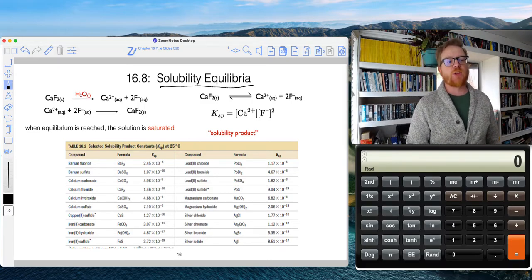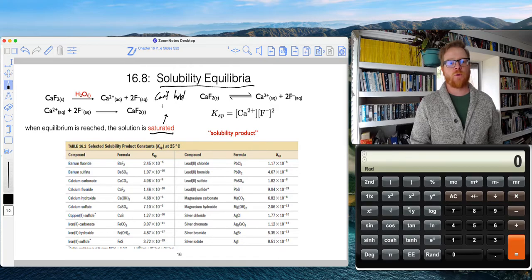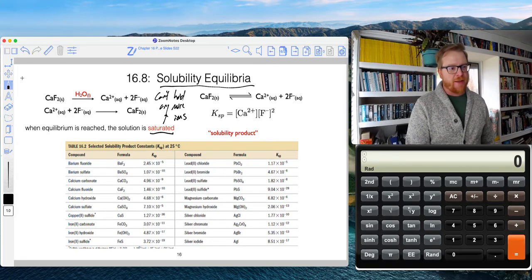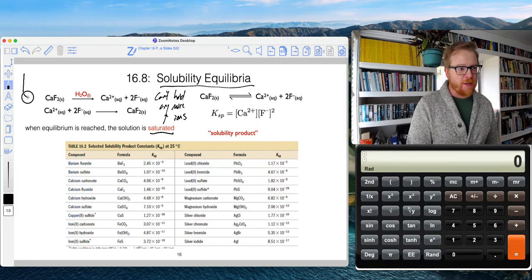Okay. And so when equilibrium is reached, we say the solution is saturated. So that means it can't hold any more ions. So if we had this equilibrium, let's say we have some test tube and we've got some solid precipitate, okay, so there's our precipitate.